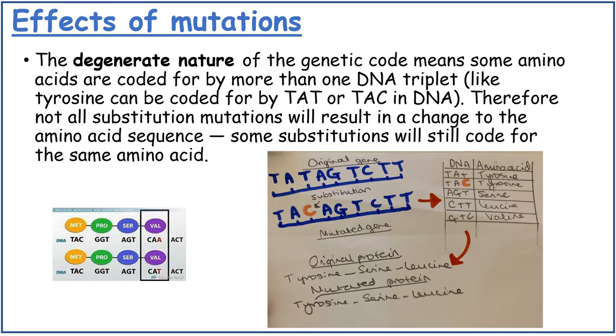Like tyrosine can be coded for by TAT or TAC in DNA. Therefore, not all substitution mutations will result in a change to the amino acid sequence. Some substitutions will still code for the same amino acid. So here, the T is substituted for a C, but TAT and TAC still both code for tyrosine. So although there's a mutation, it still produces the same protein.